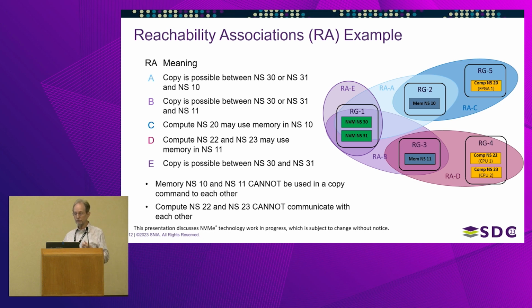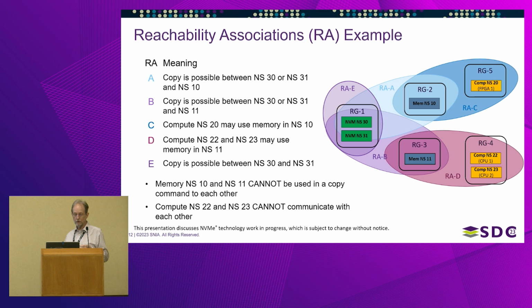In other words, compute namespace 20 is able to create memory range sets in memory namespace 10 and specify those memory range sets in the execute command. Reachability association D, same type of thing between two different compute namespaces and memory namespace 11.